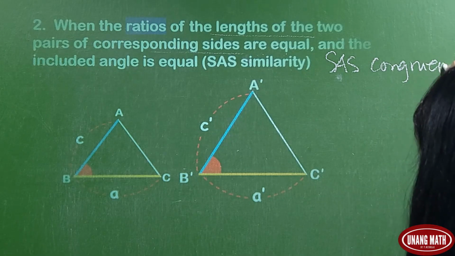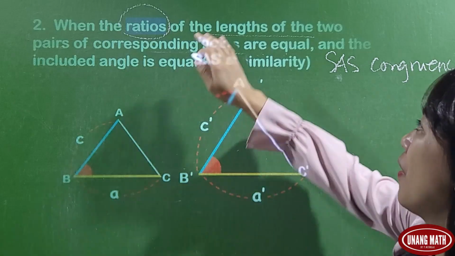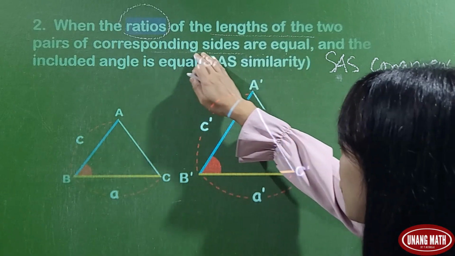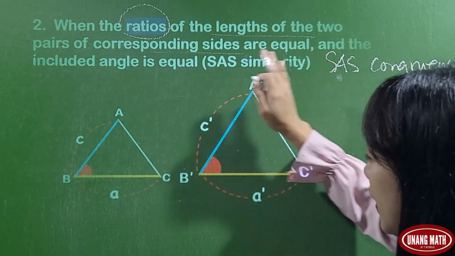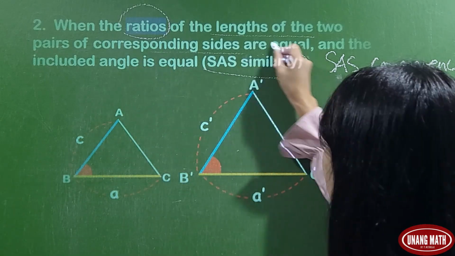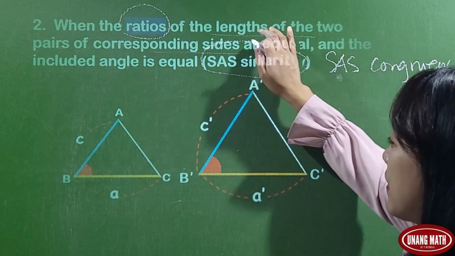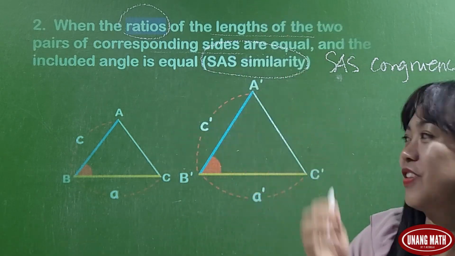And since we are talking about the ratios of the length of the two pairs of corresponding sides that are equal and the included angle is also equal, then that's SAS similarity. What does this second condition mean?